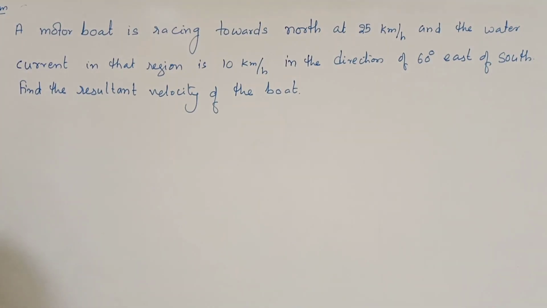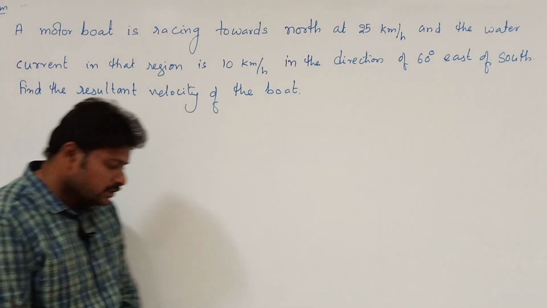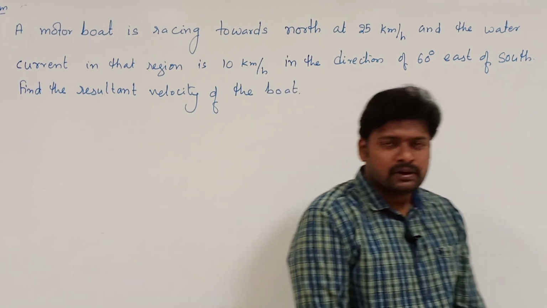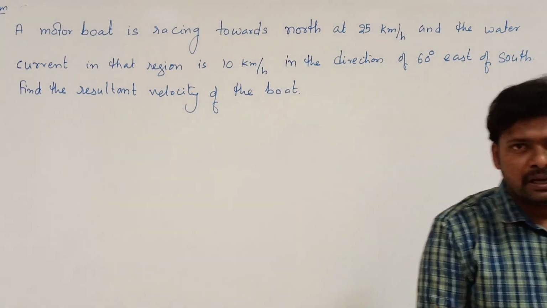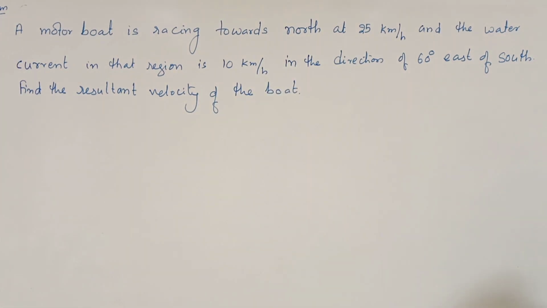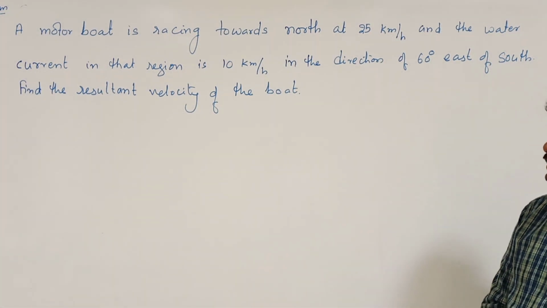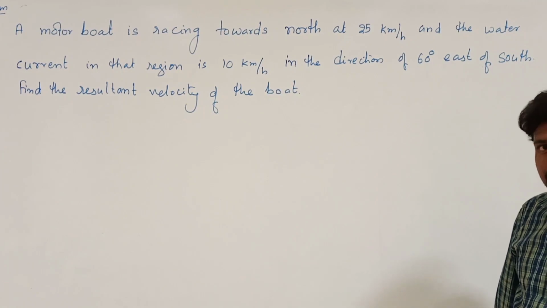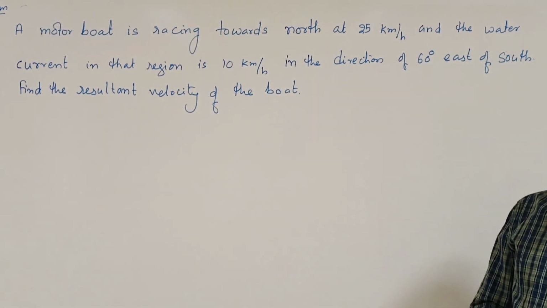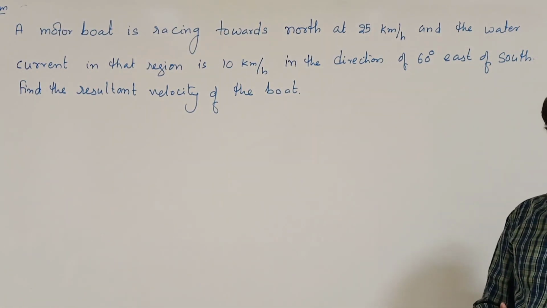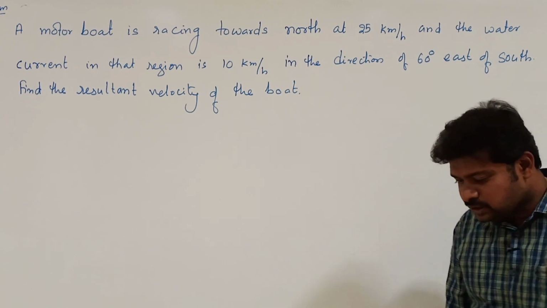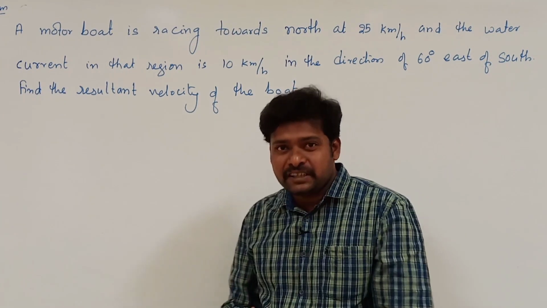Now there is a problem which we can solve using the parallelogram of vectors, or using components also. From both methods you will get the same answer. Here a motor boat is racing towards the north direction where the water is flowing, meaning water with a current. Current means water is in motion, not still water.